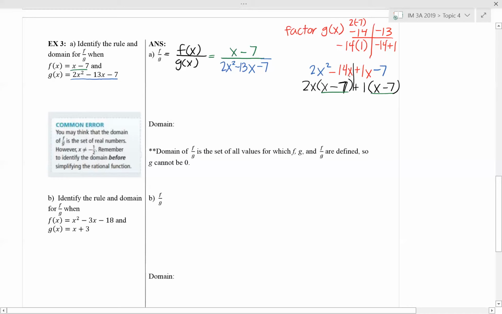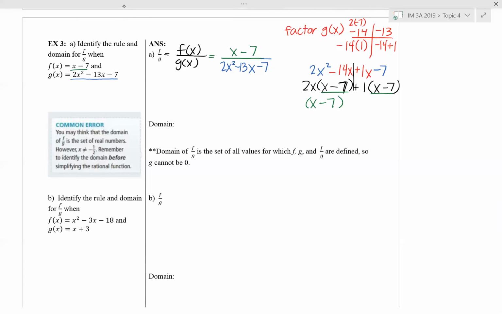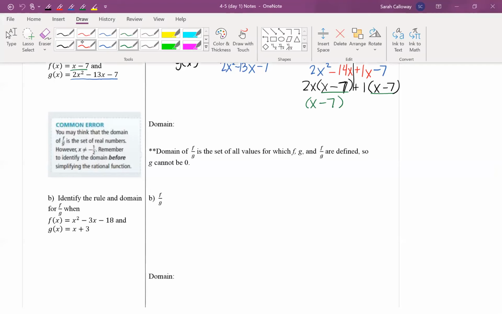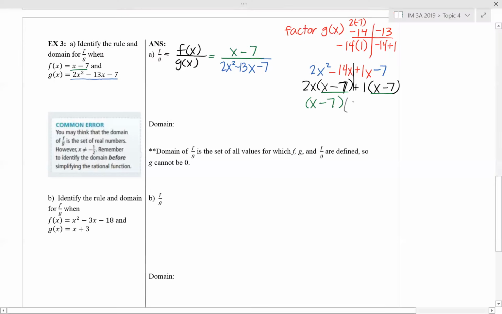So the 2x times x minus 7 and the 1 times x minus 7 we think of as terms, and they share the x minus 7. So that means x minus 7 is one of the factors of 2x squared minus 13x minus 7. The other factor is 2x plus 1. And so remember that the 2x is what's left over when I factor out the x minus 7 there, and the plus 1 is what's left over when I factor out the x minus 7 there.